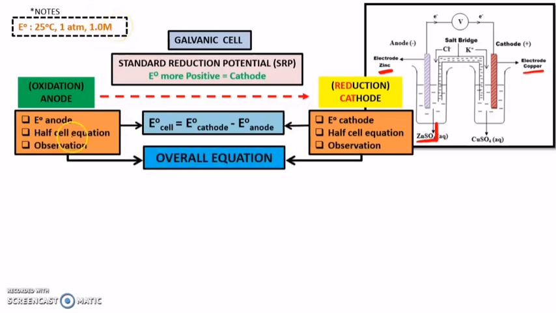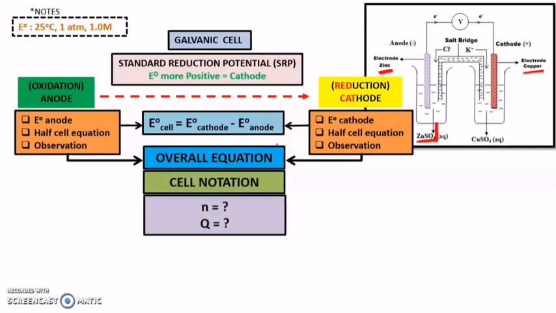So, when we have the half cell equation at the anode and at the cathode, we are able to write the overall equation and the cell notation, and we can know the value of n, which is the number of electrons from the overall equation, and also the Q value. Q can be calculated using the formula concentration of product over concentration of reactant.